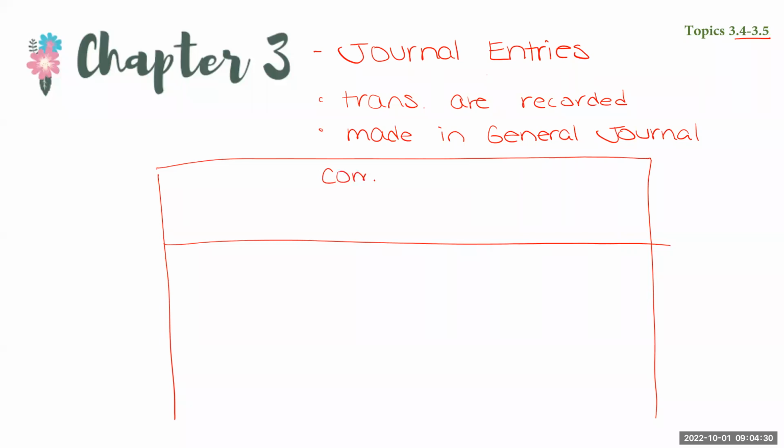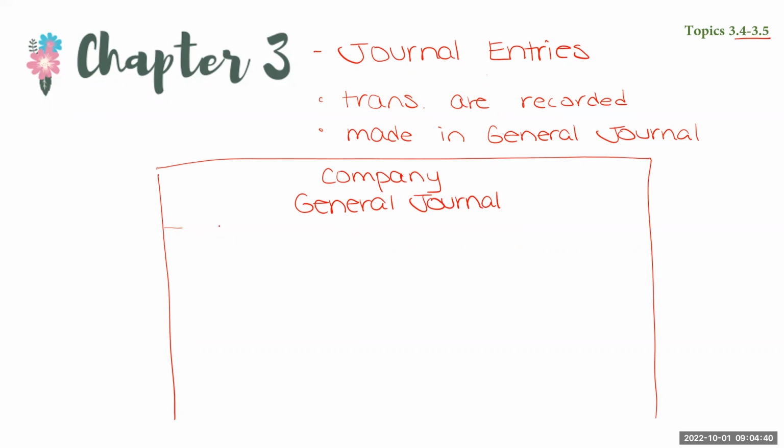All right, so let's look. We'd have the name of the company, and this is their general journal. The pages of the general journal, again, if we're talking about the old-fashioned hard copy ones, they would label the page number. So general journal, page 1. All of your journal entries are organized in chronological order, or by date.